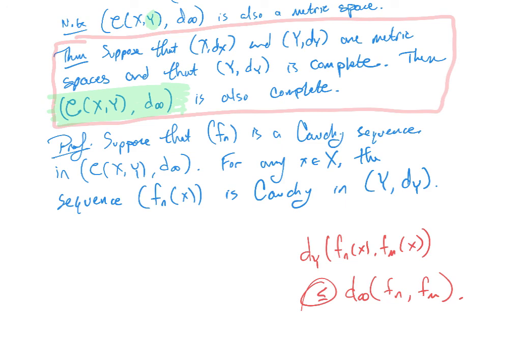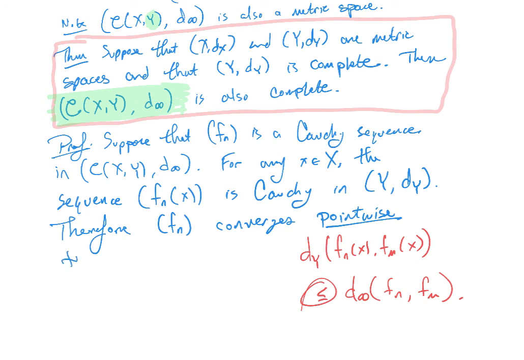Therefore, there is some function we can define. So the sequence of functions converges pointwise to some function f.